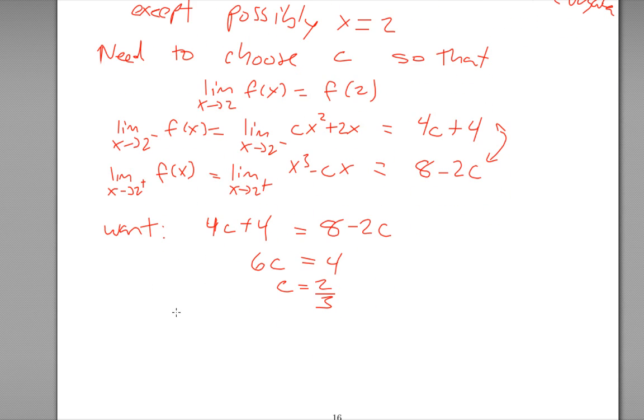Okay, and so if we have c equals 2/3, then let's just check that.